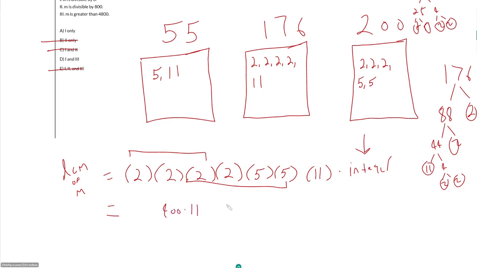This is just 400 times 11, which is 4,400. So even though most of our multiples of these three numbers are going to be greater than 4,800, it is not necessarily true, because the least common multiple is just 4,400, which is less. Only the first option is true, A.